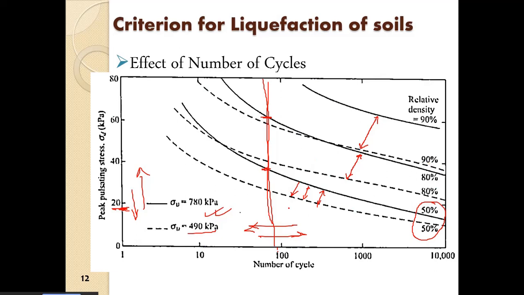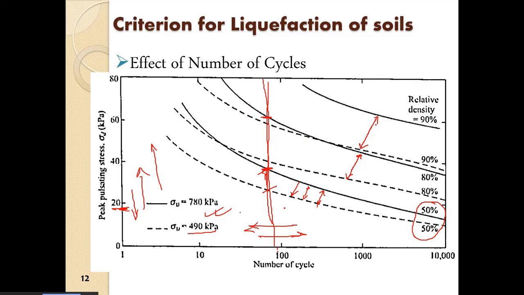Again, for confining stresses, with increasing confining stress, there is higher cyclic shear stress. Then with the relative density, you can see that with increasing relative density, again for the same number of cycles, there is higher cyclic shear stress.